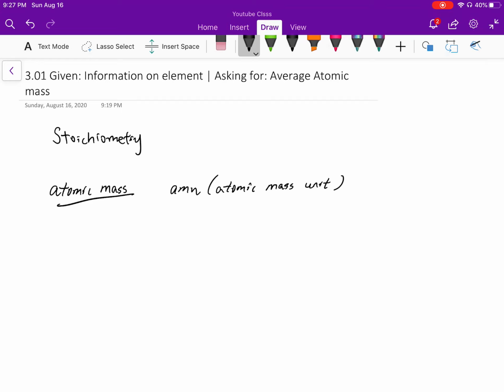And this is the number on your periodic table. Let's say this is your periodic table, and over here you have different elements. Within each one of these blocks, you have an element.